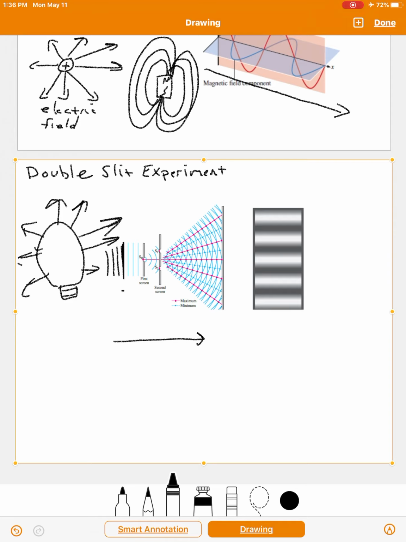But what happens with waves is very interesting. Once those waves come out of that little hole, they start spreading out. And they start spreading out over space. So notice to the right of the first screen, the waves are now spreading out. Now imagine if you drop a rock on a really still surface of water. What happens when you do that?